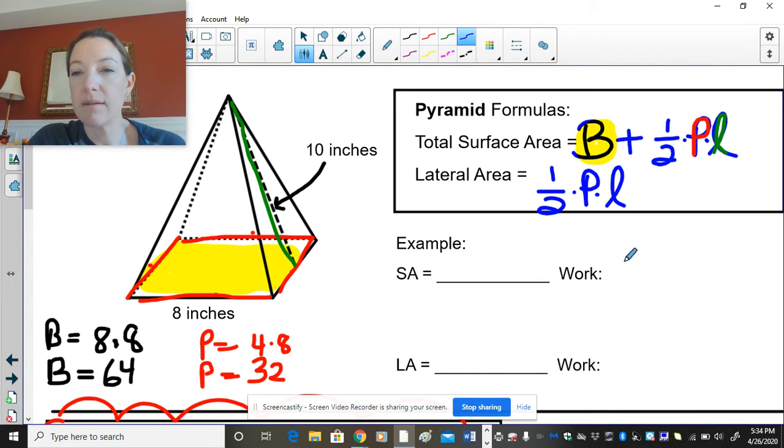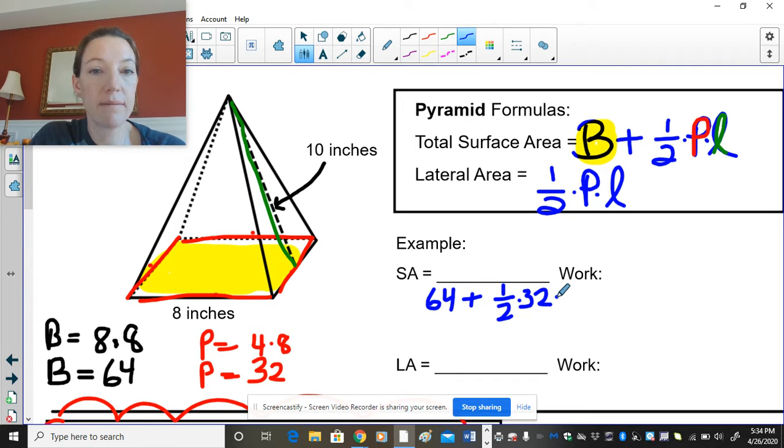So let's calculate it. Total surface area for the entire pyramid would be capital B plus half times perimeter times slant height. What was the slant height? The slant height was given to us labeled as 10.